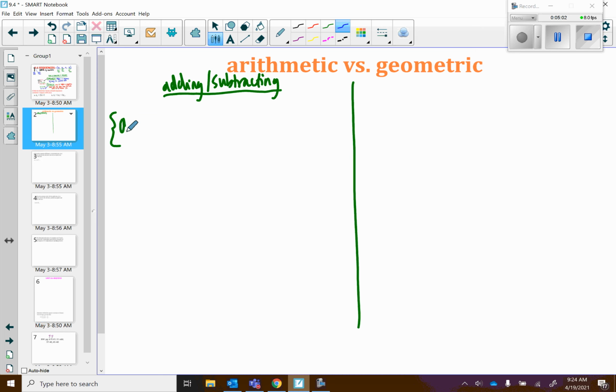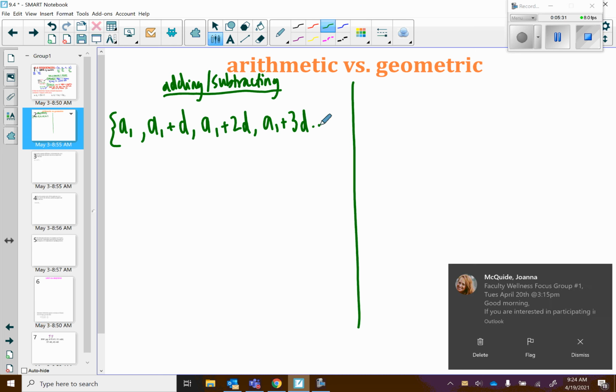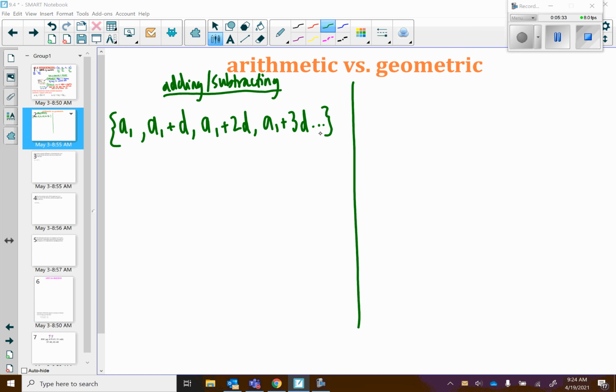So we've got term number 1, and then we've got term number 1 plus some common difference, and then we would add another, so it would be A1 plus D, but of course we wouldn't necessarily write it like that, so I'm actually going to shorten it to A1 plus 2 times D, and then we would add a third, right? A1 plus another one, 3D, and this continues on and on until we would be ended, where D is known as our common difference.